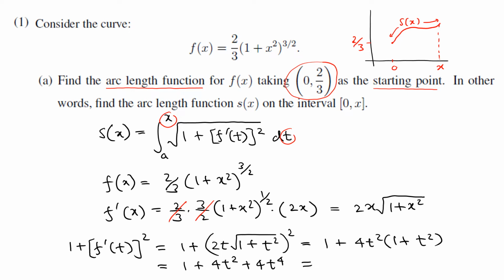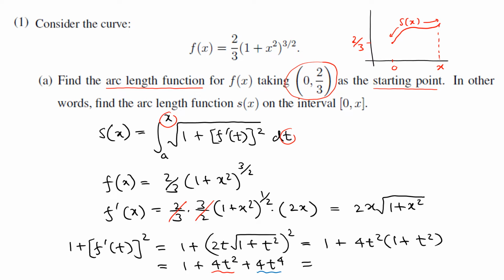Now this is the important thing. You always look for this kind of simplification for these kinds of problems, otherwise the calculation is going to be very difficult. If you look at the middle term: the last term is the square of 2t squared, and the middle term is twice 1 times 2t squared.